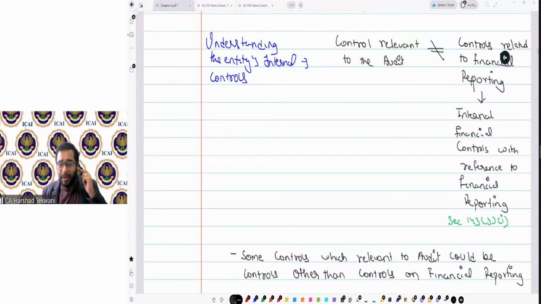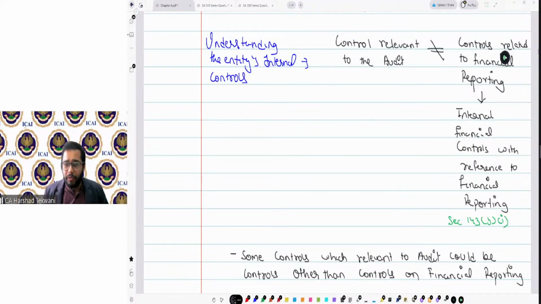Can we just ask management, perform inquiries? Management, please tell me what are the controls which are relevant to the audit. In processes, we can do that. For the risk assessment, we can do that. But for the control, can we do that?